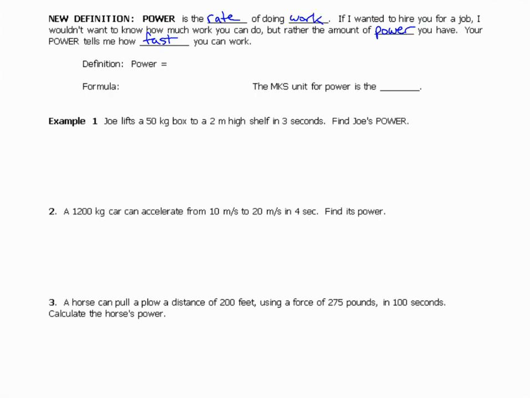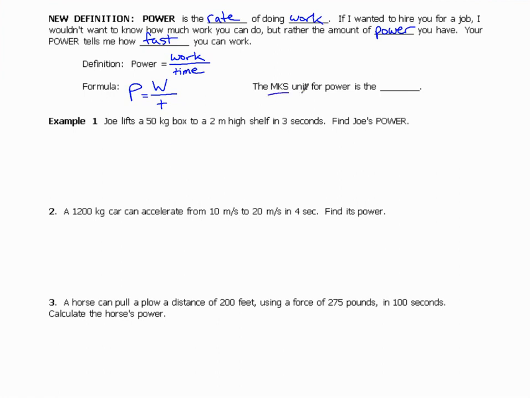So the definition is power equals work divided by time. In terms of a formula, power is capital P equals work is capital W divided by time, which is lowercase t.